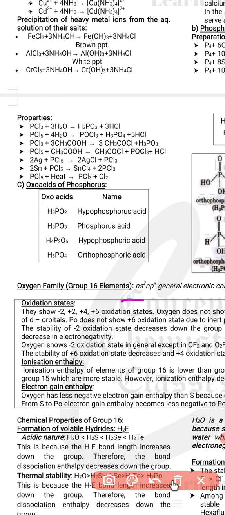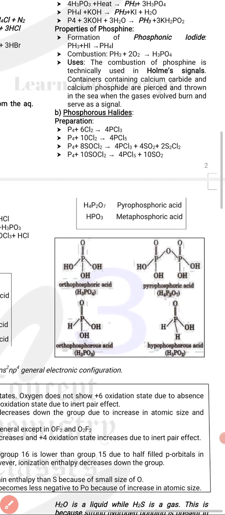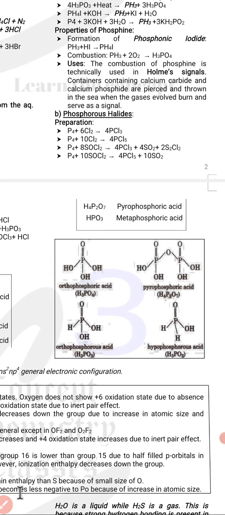These are some oxoacids of phosphorus: H3PO2 hypophosphorus acid, H3PO3 phosphorus acid, H3PO4 orthophosphoric acid, H4P2O6 hypophosphoric acid, and there are also some other oxoacids of phosphorus, H4P2O7 pyrophosphoric acid, HPO3 metaphosphoric acid. This can be written in a better way like this.